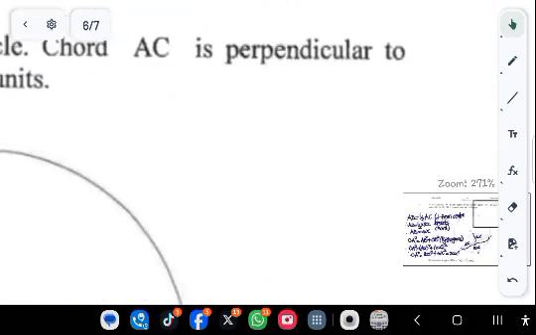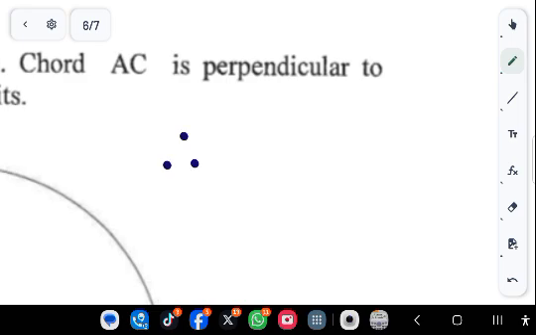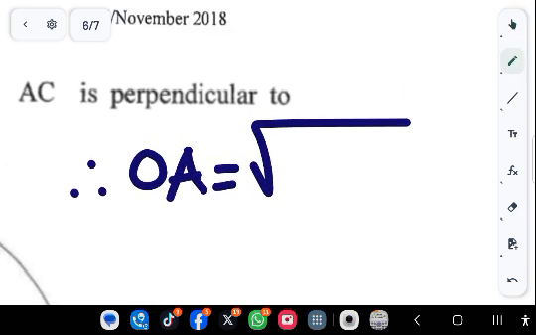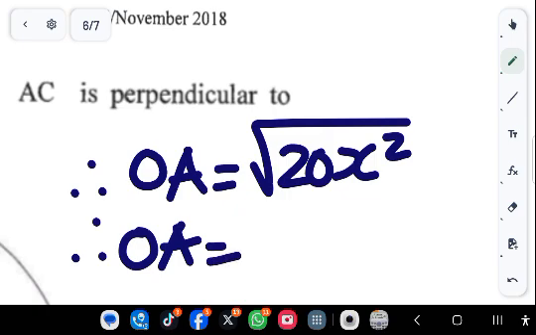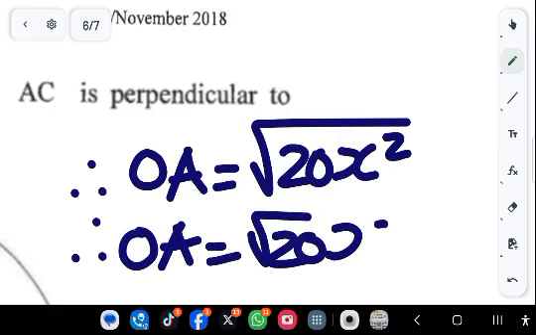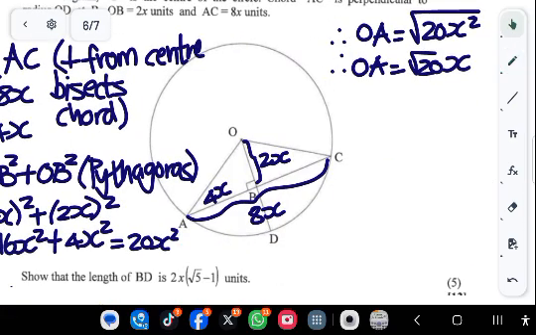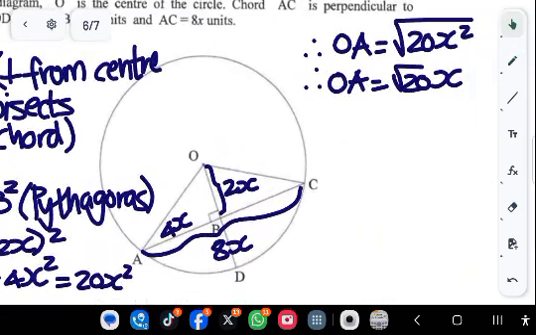Meaning that therefore OA will be equal to the square root of 20x squared, leaving us with the square root of 20 times x. Can leave it like this for now, but we can obviously fix it.